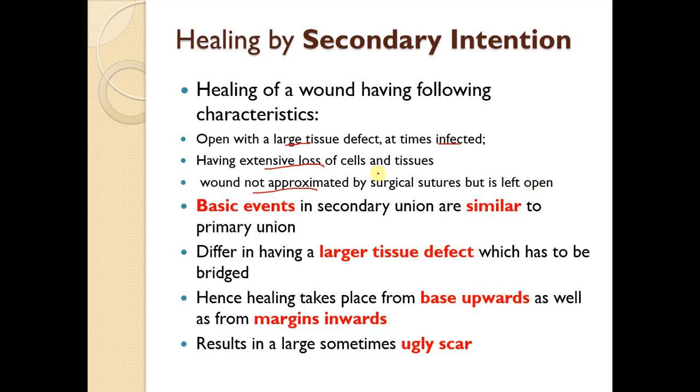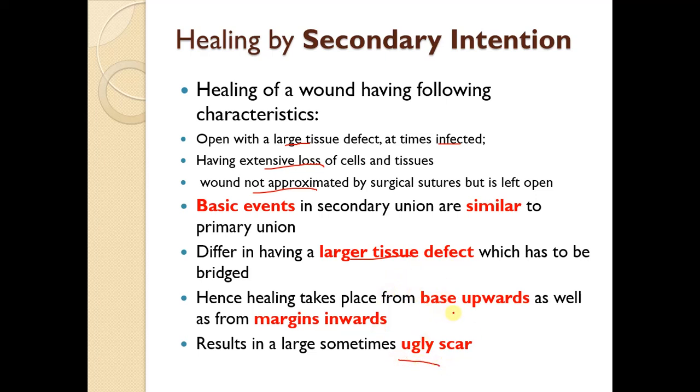Basic events in both the primary and secondary union are similar, but differ in one point: in secondary union, these wounds will have a larger tissue defect, and this larger tissue defect has to be bridged by formation of a larger, bigger fibrous connective tissue, and as a result, a large, ugly scar will be formed.